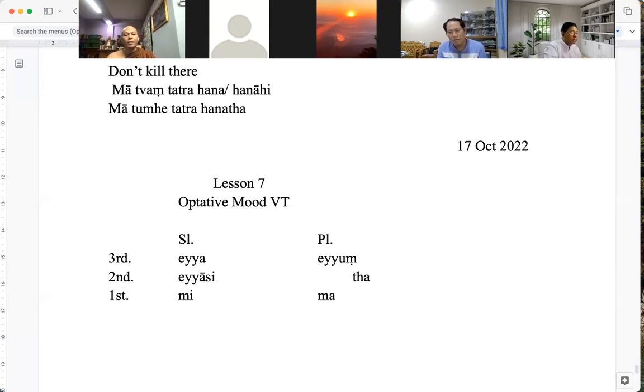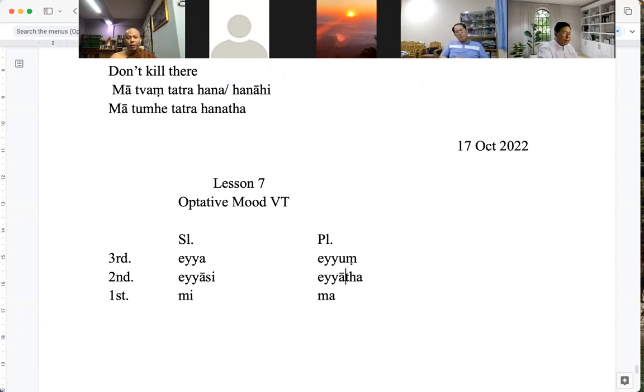So iyasi, that is optative mood second person singular. Just by adding that to the person singular, the short verb becomes a noun. The same way here also: to the second person plural present tense, by adding iya, ta, that becomes iyata. So iyasi, iyata.